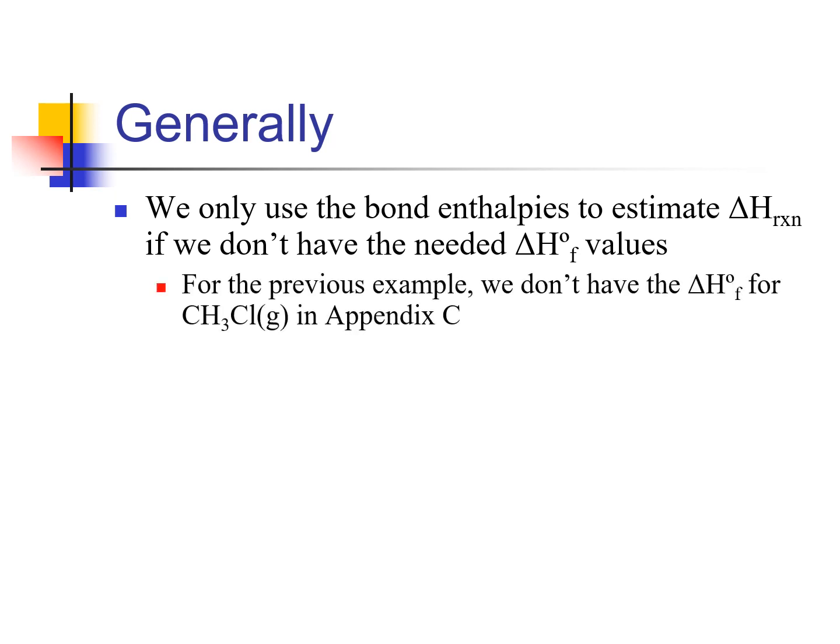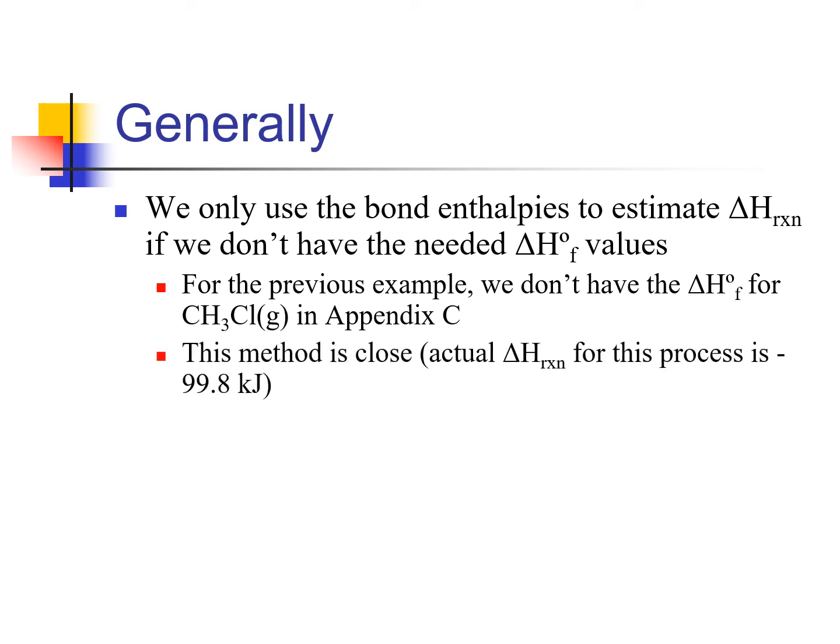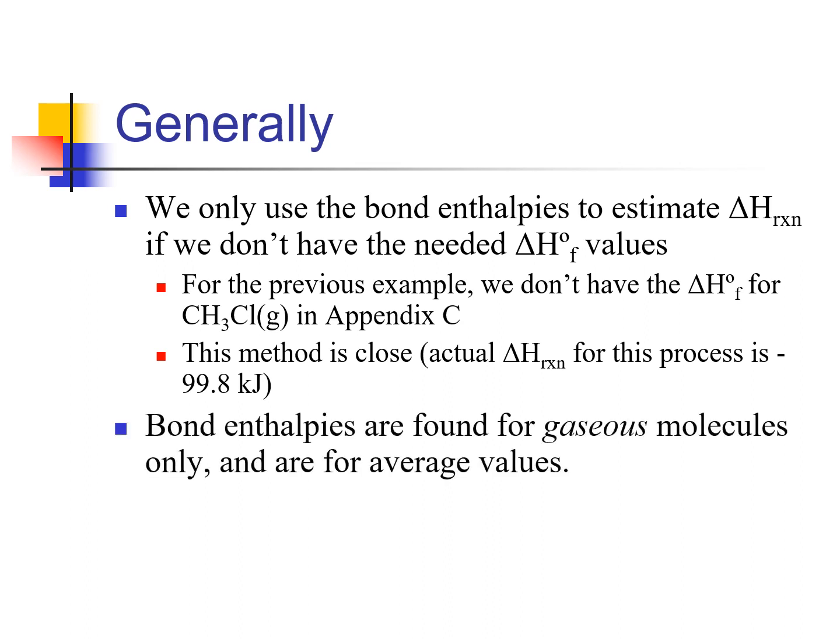So for instance, in your textbook in Appendix C, there is no heat of formation for that CH3Cl. So that's where bond enthalpies come into play. Now again, it's close. The actual delta H for this is negative 99.8. But again, you can see there's some error brought in. So it's not super accurate. It's not terrible, but not super accurate.